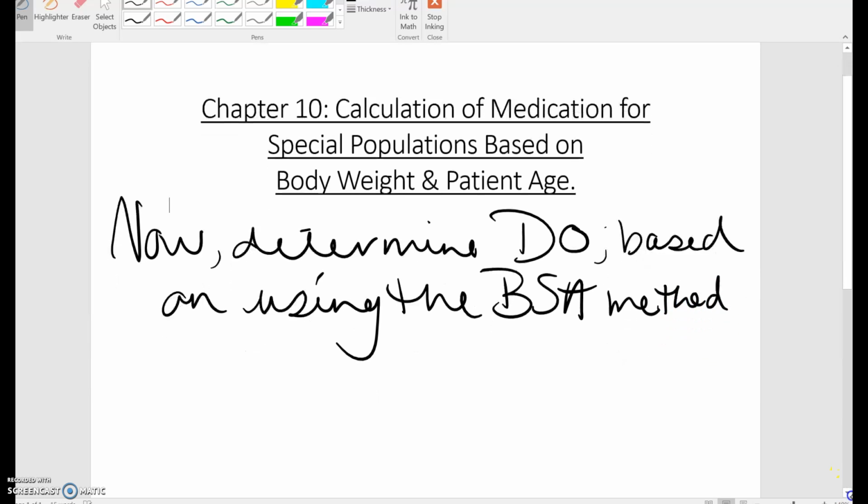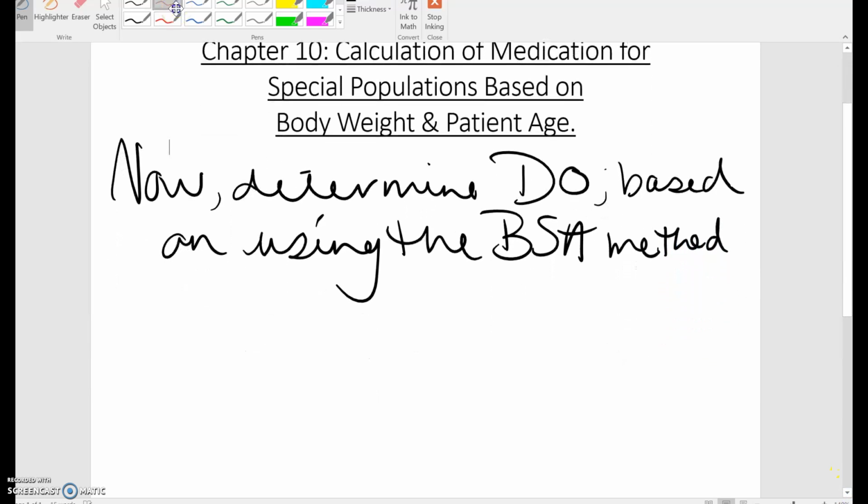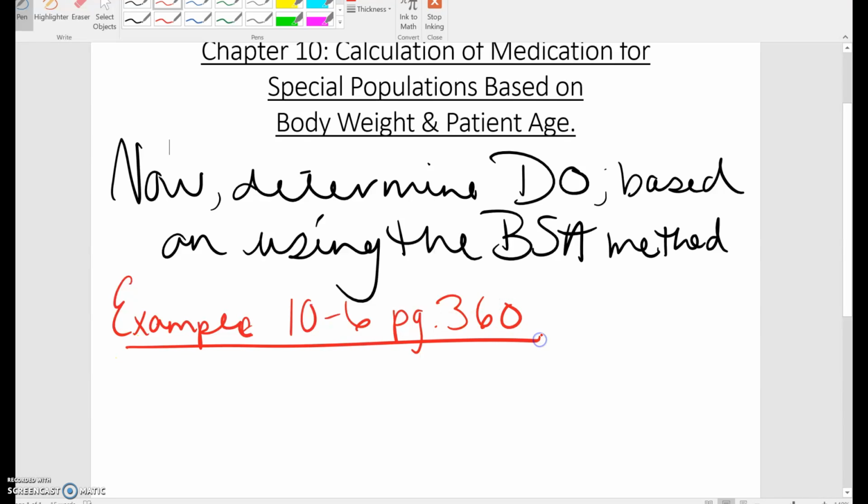In order to do that, the best thing to do is let's just do some practice problems. Let's do some examples. Let's look at example 10-6 at the bottom of page 360.